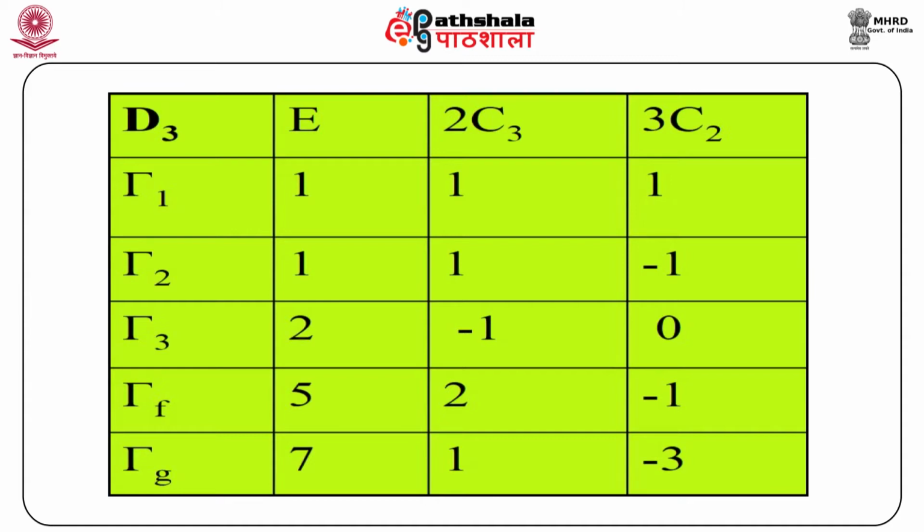Let us take the table in which tau F has the characters for the reducible representation as E equal to 5, C3 equal to 2 and C2 equal to minus 1. I want to now reduce this tau F into tau 1, tau 2 and tau 3. Let us make use of the equation as discussed earlier.